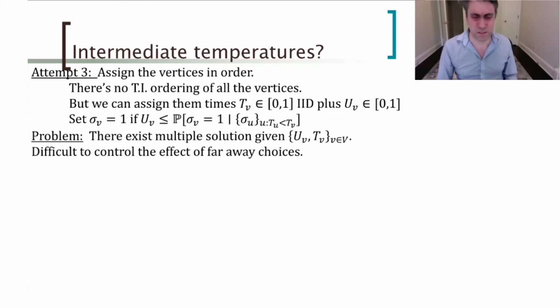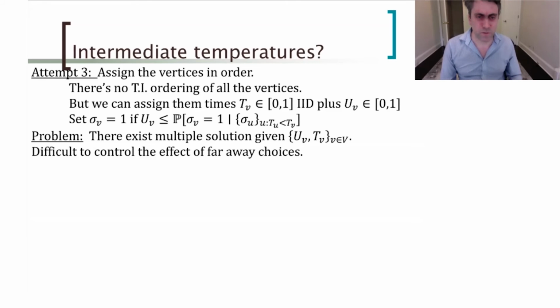The difficulty is that sometimes your random variable u will be very close to the boundary here. So you just have to shift u or shift the probability a little bit, and you'd switch the sign of sigma_v from plus to minus. And it could be that that's affected by some very distant faraway vertices. It's hard to control the effect of those faraway vertices when you're really on the knife edge between 1 and -1.